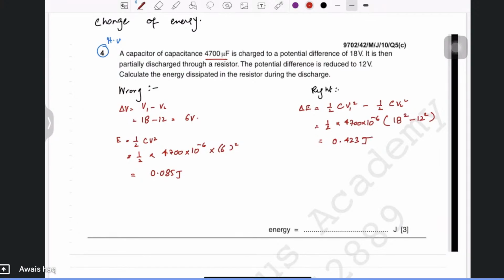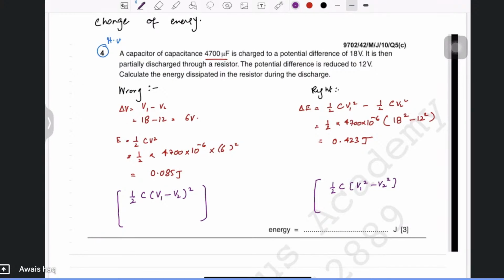Why is this? Because in the wrong method you're using a formula which is half C times V1 minus V2 whole square. But in the right method, you're doing half C times V1 square minus V2 square.